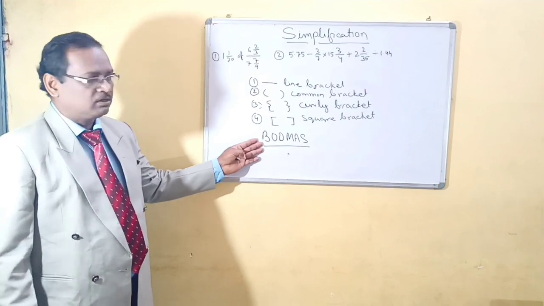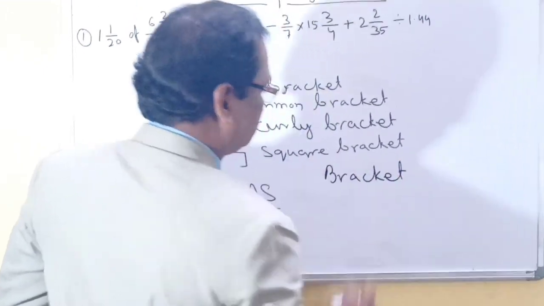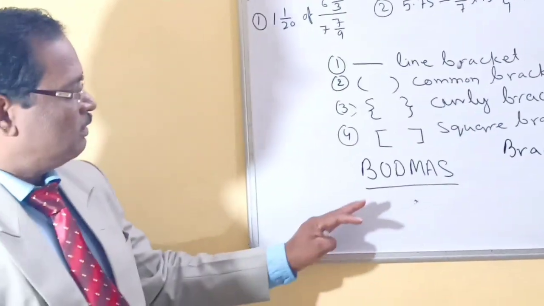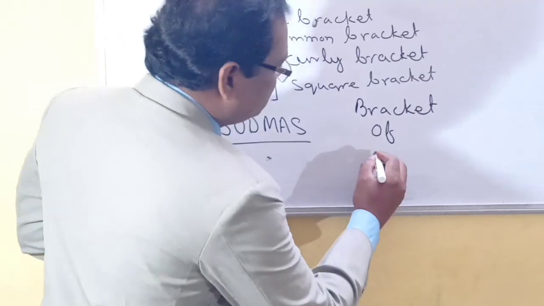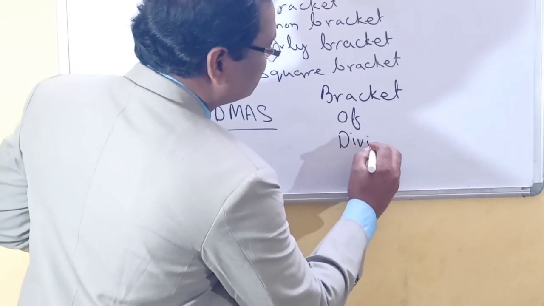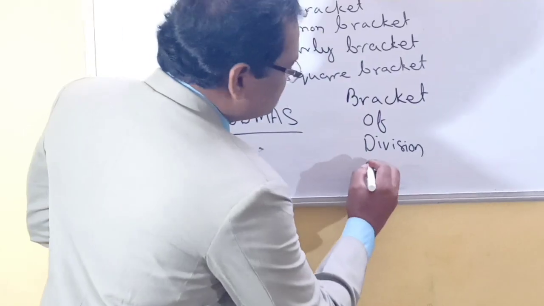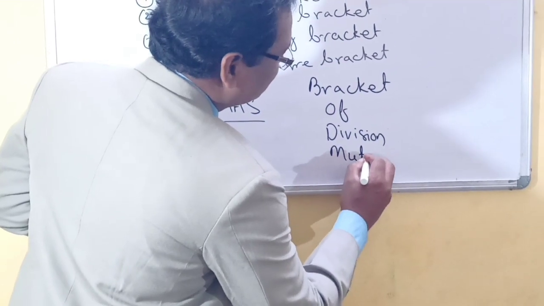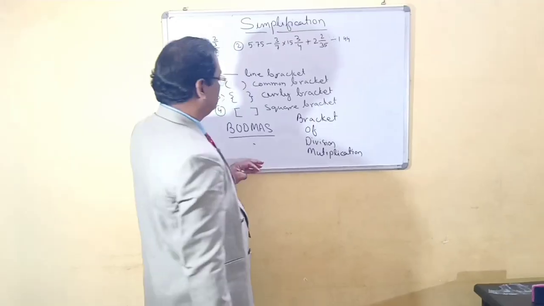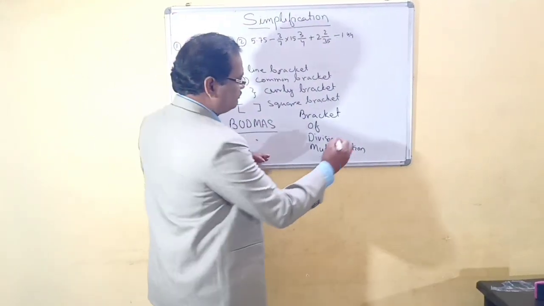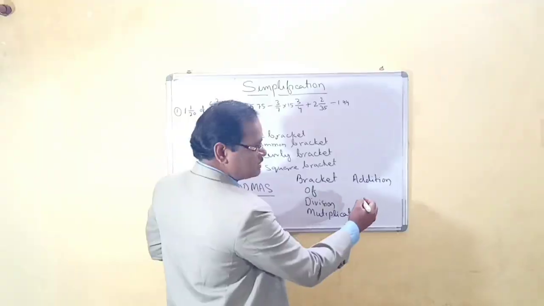B stands for bracket, O for of, D for division, M for multiplication, A for addition, and S for subtraction.